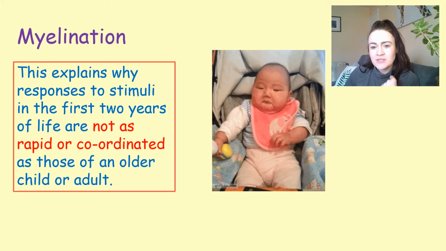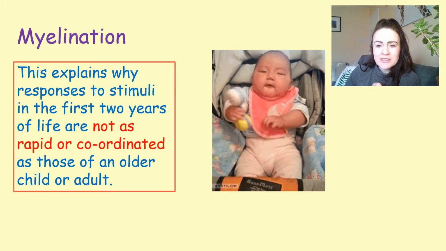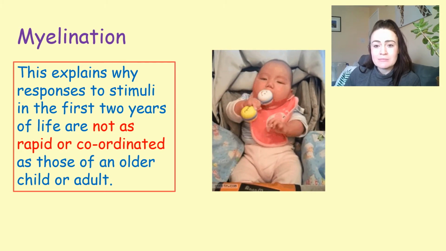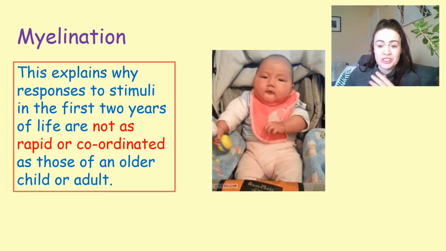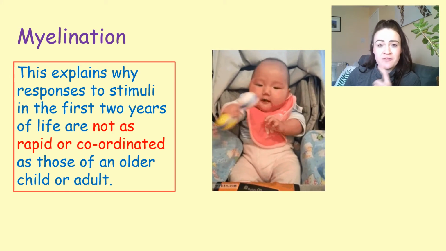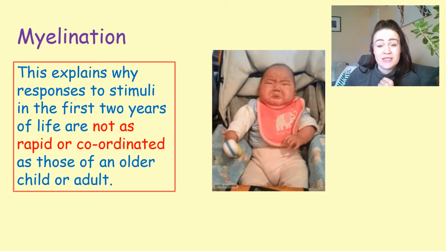I just found this little video of this lovely baby who has been playing with his rattle, accidentally hits himself in the face. However, he or she takes a wee while to actually react. Whereas if you hit yourself in the face, you'd probably go, ow! Probably wouldn't take you a few seconds to realise that's painful.